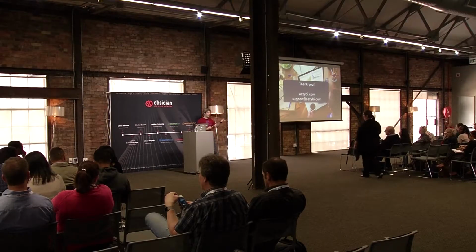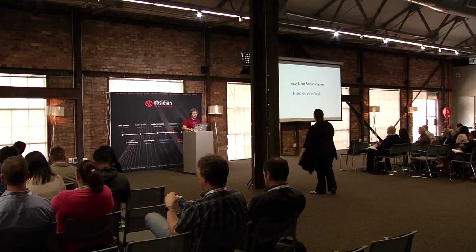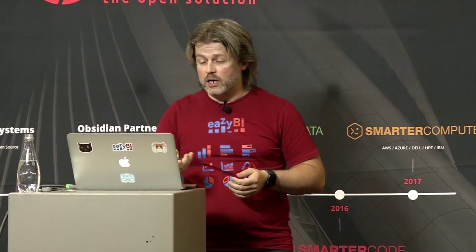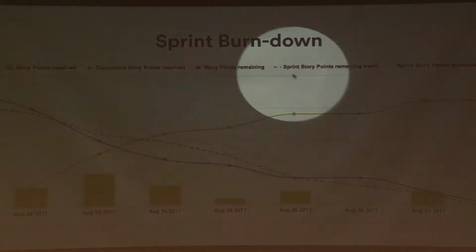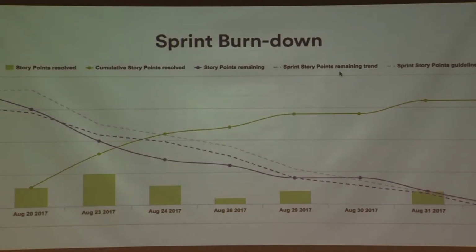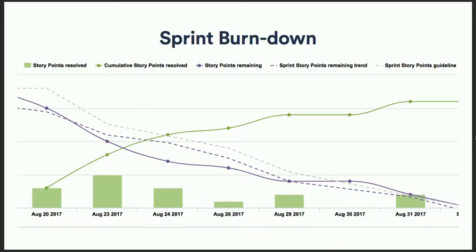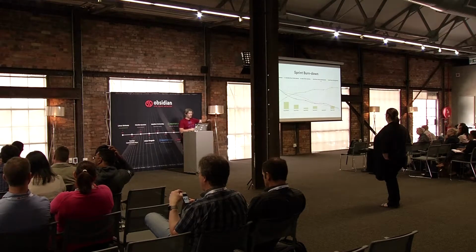Yeah, so can we do forecasting? This was one example that I was showing, for example, for these sprint burn downs, this story points remaining trend. It's using linear regression forecasting based on the actual data, on what data you have completed, and then using these calculation formulas, in this case the linear regression trend, it will do the forecast.